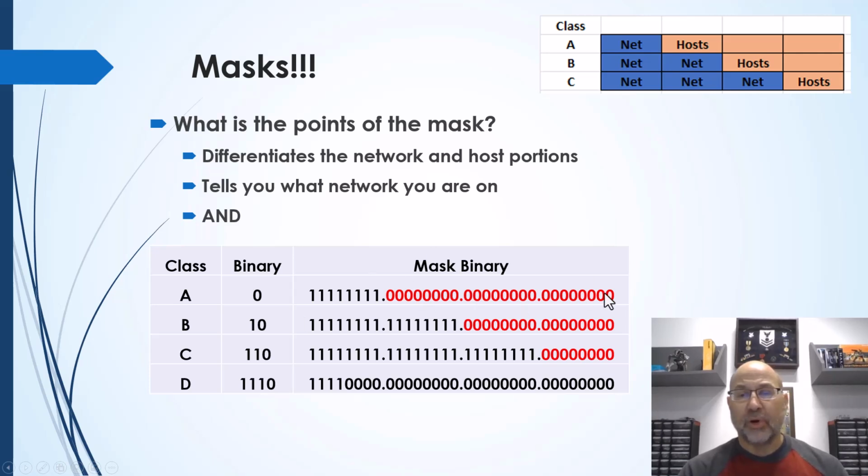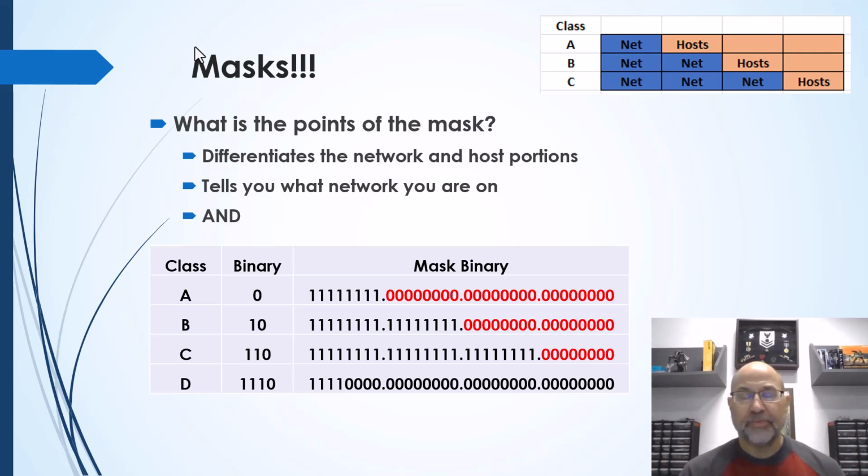And the red portion is the number of bits allocated to host addressing. So lots and lots of bits for host addresses, not very many for networks. And then we always have a graphic, kind of like the one above me here, where we say what are the parts that are allocated for network and host. Well, you can see that there aren't a whole lot of bits for network. There's a whole bunch for host.